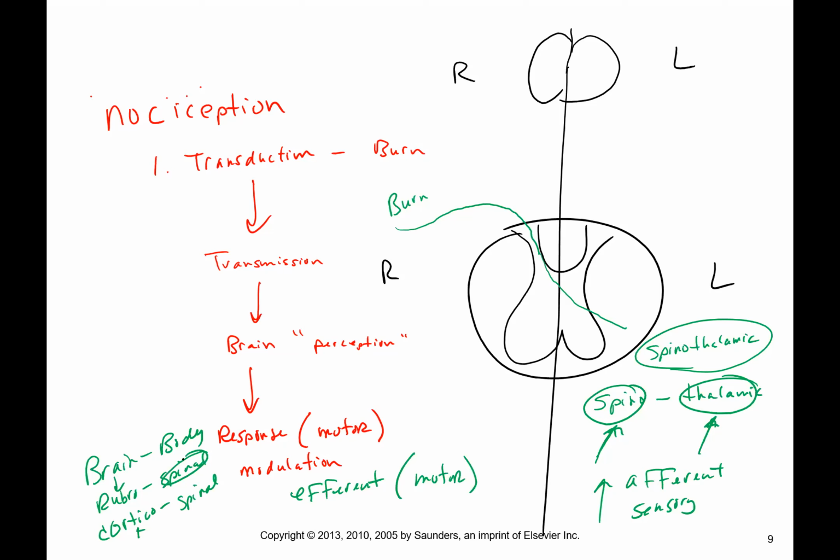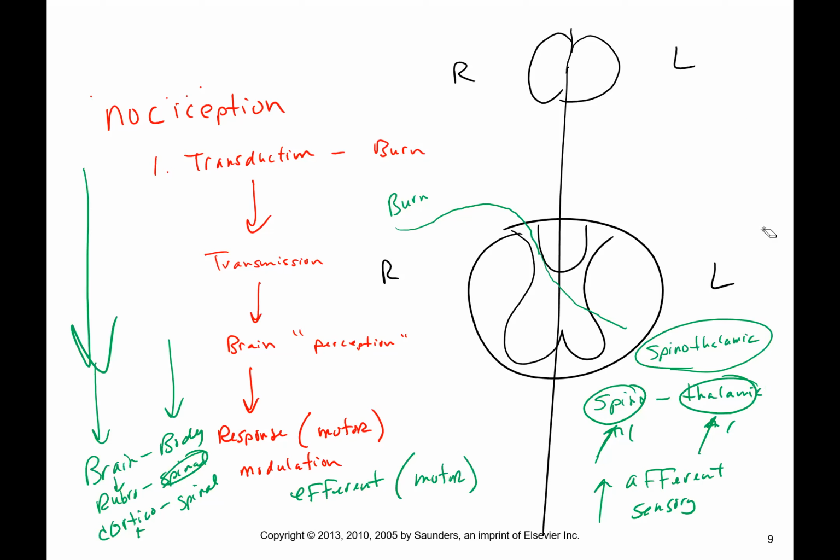So when you're reading these words and you recognize there's a brain part in the word and then a body part, that's letting you know it's descending pathways or motor. If it's spine brain, that lets you know it's going up. Those are just some clues to make some of the complicated language and neuro stuff a little bit easier.